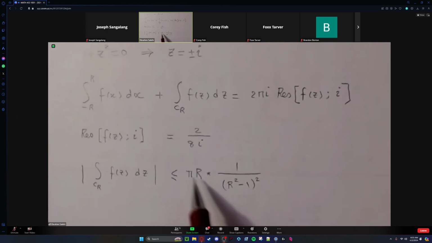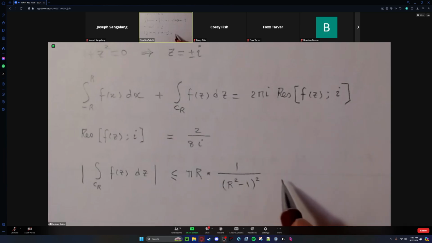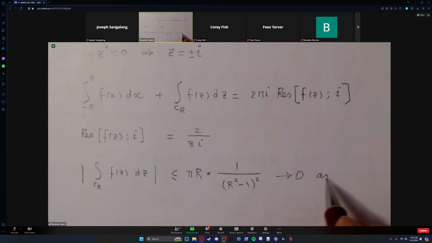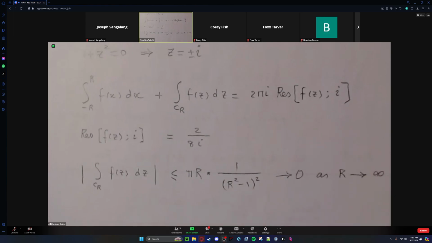Of course, as r approaches infinity, the degree of the denominator is r to the 4th, while the numerator has r. So this goes to 0 as r approaches infinity. Just make sure that you understand why that part goes to 0 using the ML inequality.